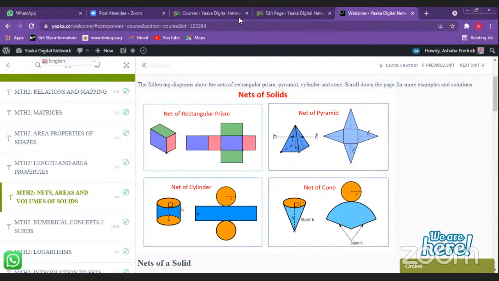Yes, Malcolm. What do you see in the first image? A net of a rectangular prism. How is that net formed?